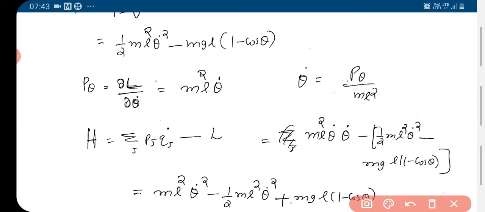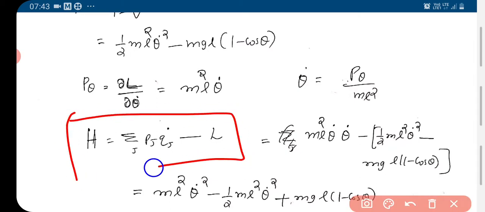And how do we find the Hamiltonian? Using sigma j pj qj dot minus L. We have to sum over all the generalized coordinates. Pj is the corresponding canonical momentum, qj dot the velocity, minus L the Lagrangian.